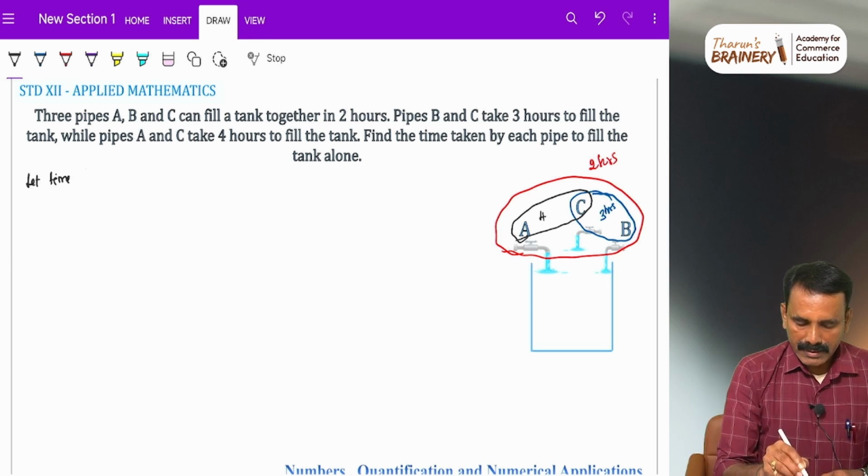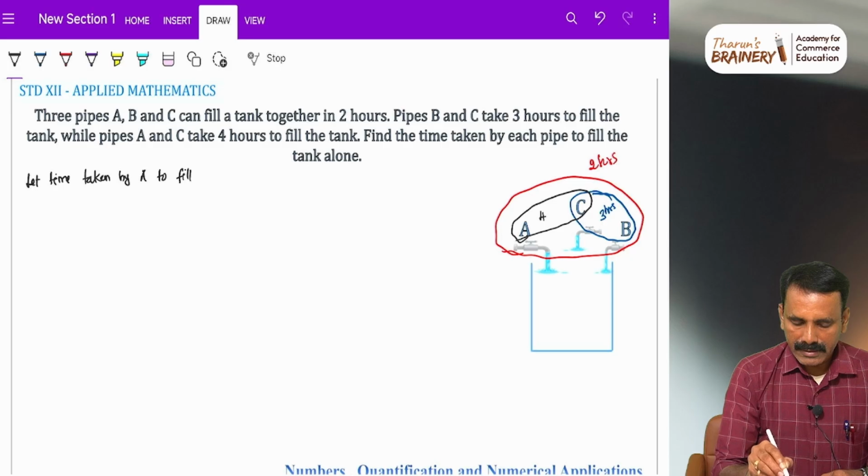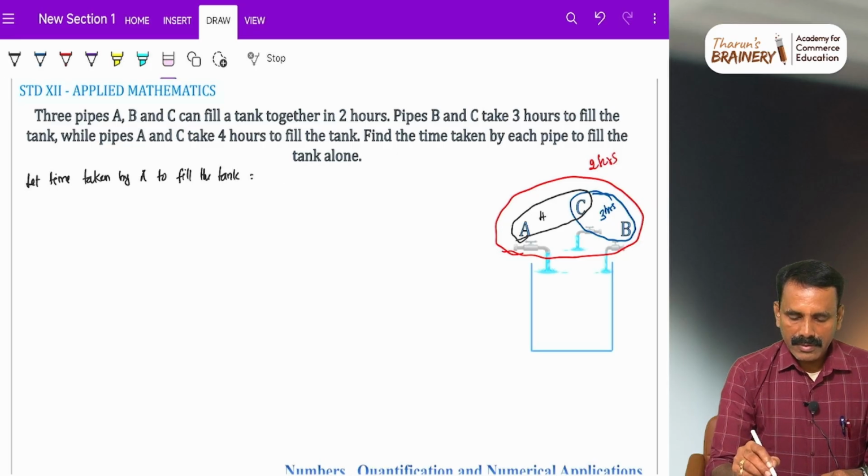The time taken by pipe A to fill the tank, we take this as x hours.